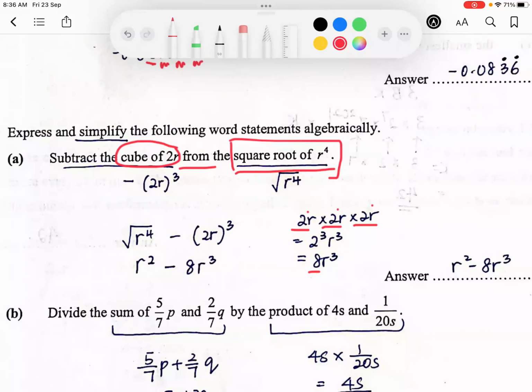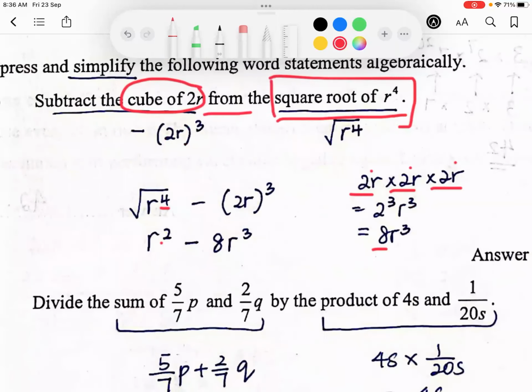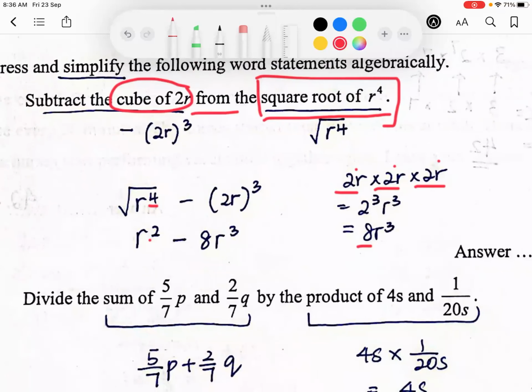So yeah, we put the one from this thing in front. Now when they say square root of r to power 4, square root, what happens to the power? The power divided by 2. When you divide by 2 already, there will be no more square root symbol. So it's down here. Okay.